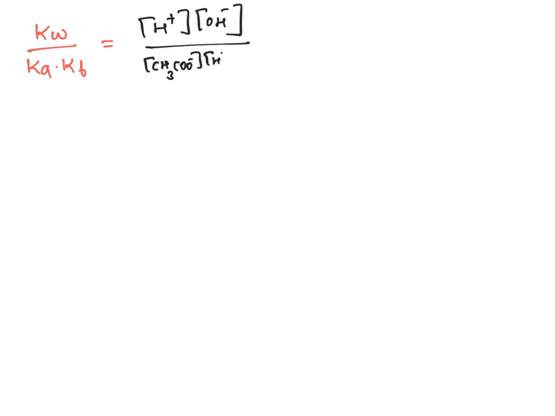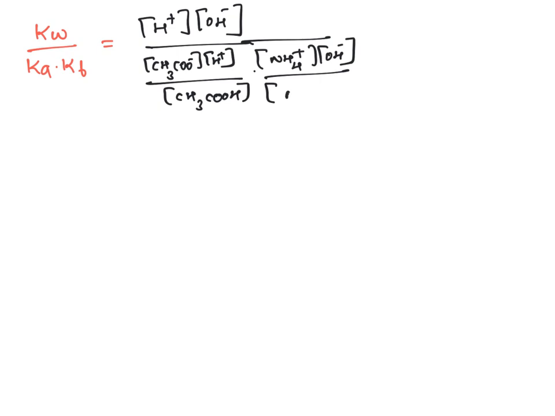Kw by Ka Kb equals the ionic product of water, H plus OH minus, divided by the acid dissociation constant, that is acetate ion times H plus, which is equation 2 that we have already represented, and Kb, that is equation 3, NH4 plus OH minus divided by ammonium hydroxide.